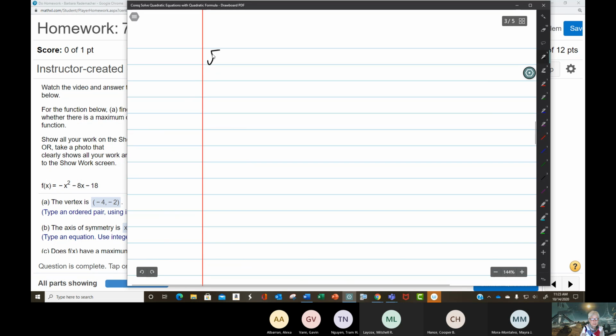True confession, f of x equals, let's say, -1 x squared minus 8x minus 18. So that a is -1, b is -8, and c is -18.